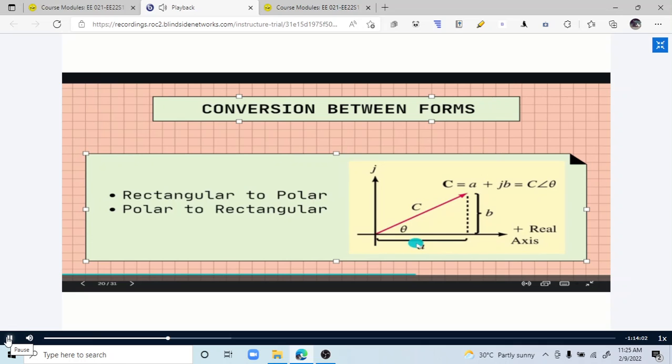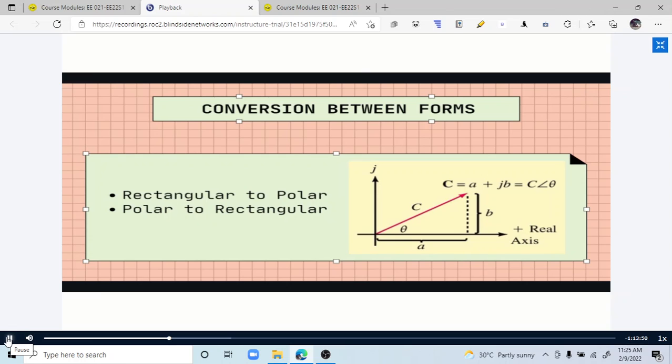So if we are dealing with the adjacent side and hypotenuse, what trigonometric function are we going to use? Cosine, very good. So if we get the cosine of theta, what is the result?